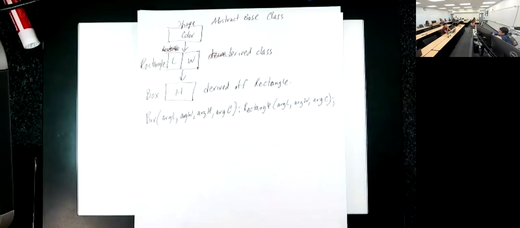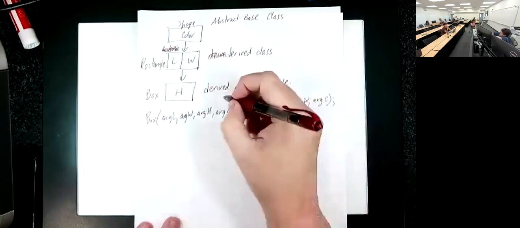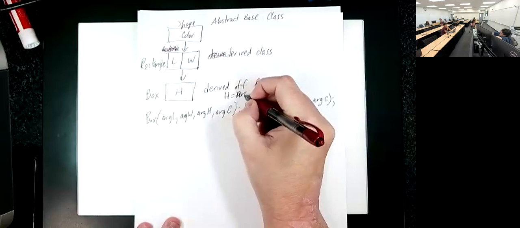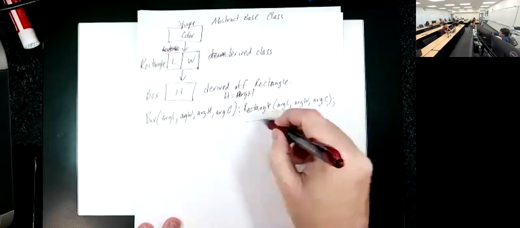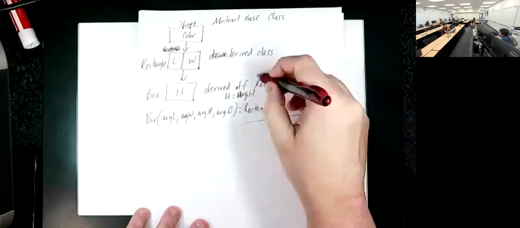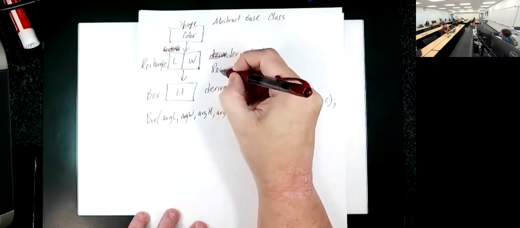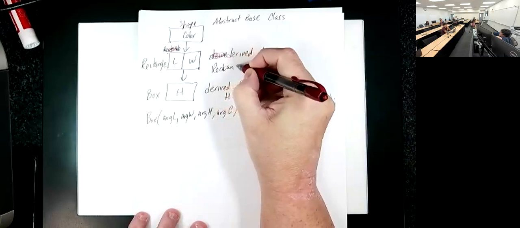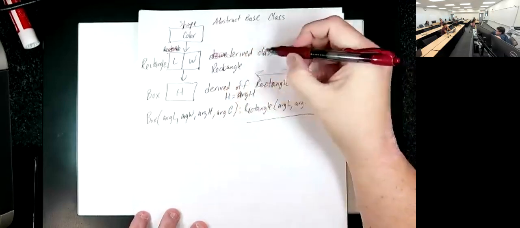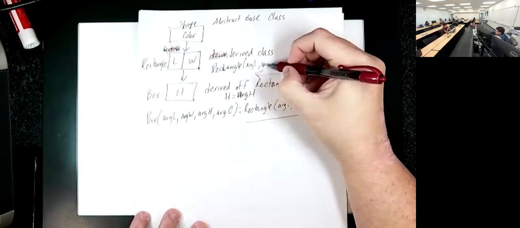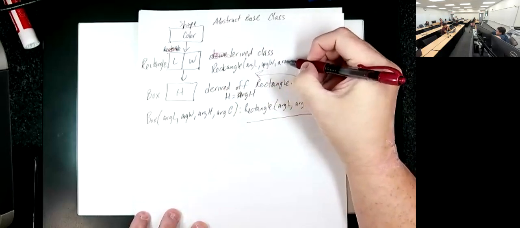What it did here is it said, okay, here I'm gonna set my height, which will be arg-H. At this level, it takes this and passes it up to rectangle. Rectangle was also derived off of shape. Arg-L, arg-W, arg-C.